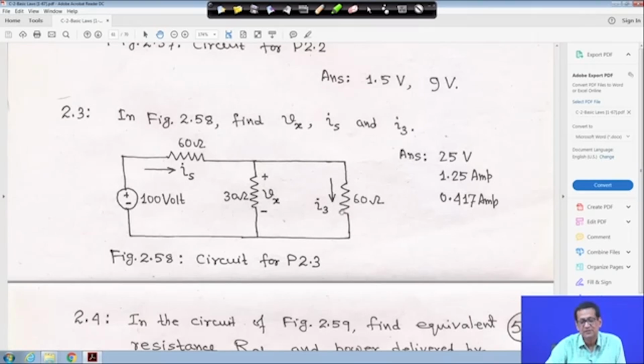So, I3 is flowing through the 60 ohm resistance, the answers given are 25 volt, 1.25 ampere and 0.417 ampere. So, answers are given, but if you find any error while solving or anything, you just let me know, then I can rectify myself. I hope all these things are correct, but still.